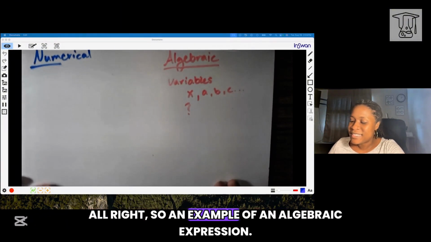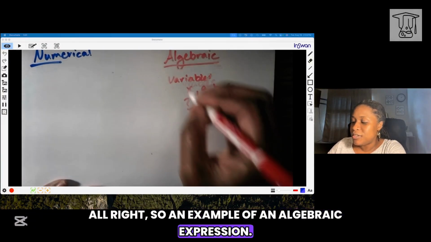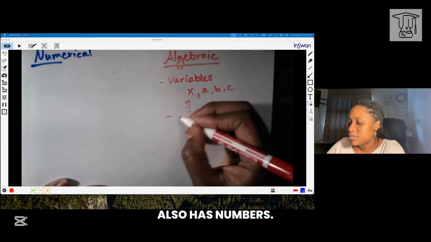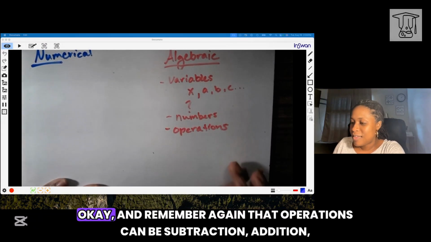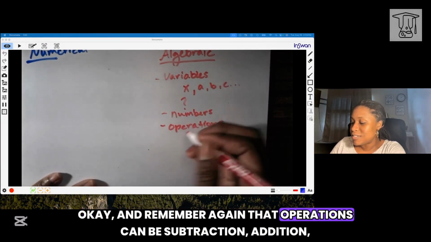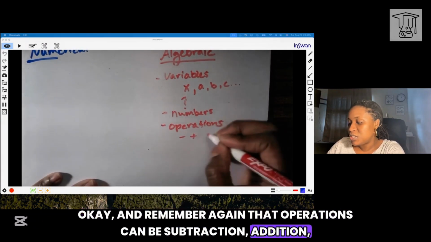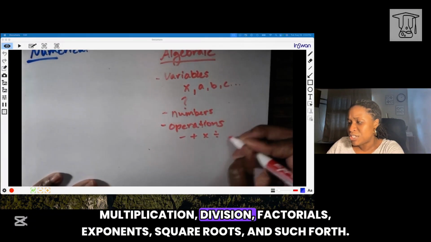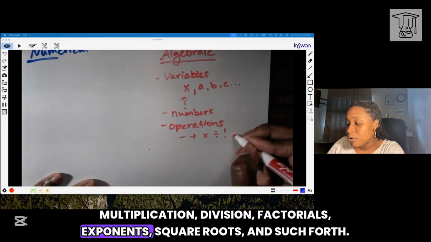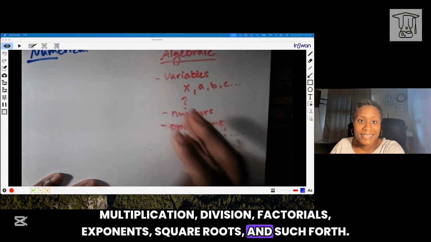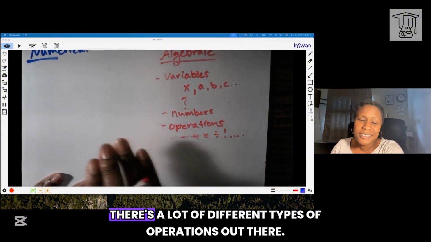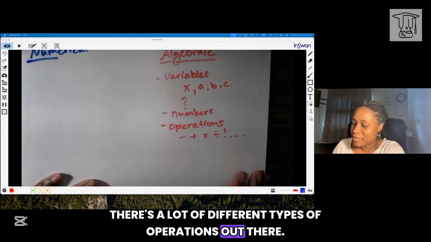All right, so an example of an algebraic expression also has numbers and it has operations. Remember again that operations can be subtraction, addition, multiplication, division, factorials, exponents, square roots, and so forth. There's a lot of different types of operations out there.